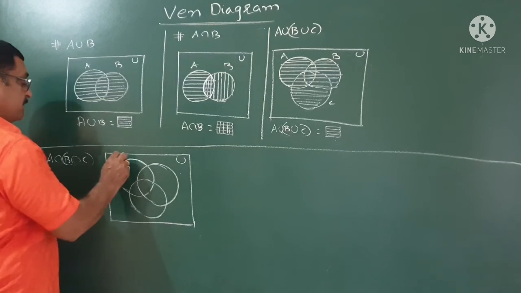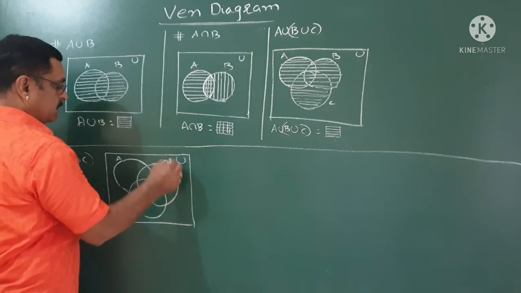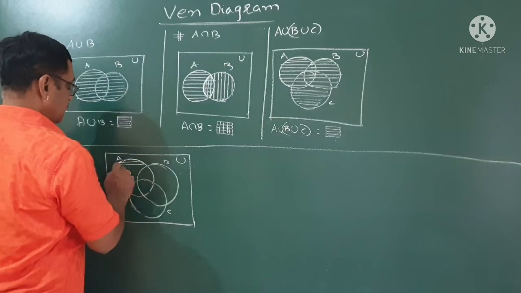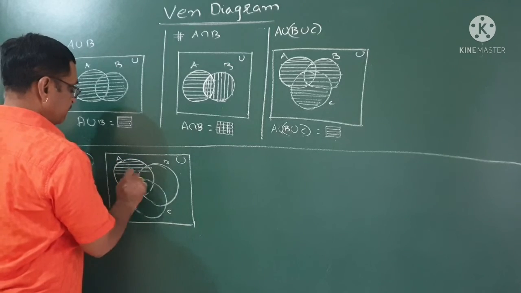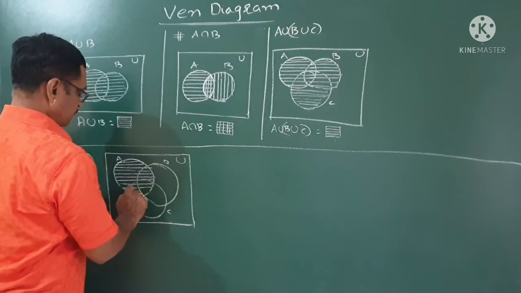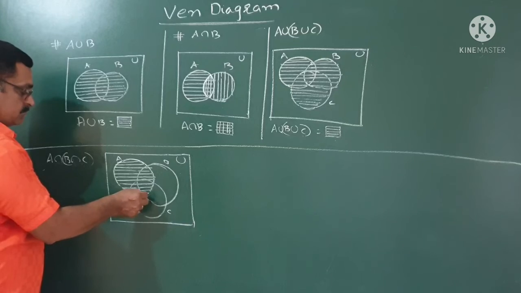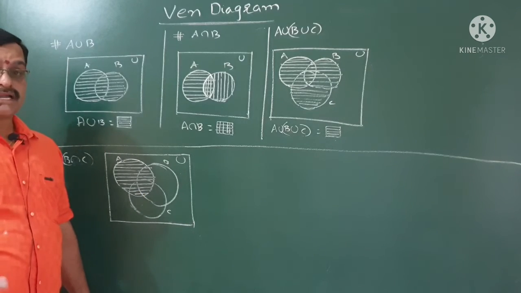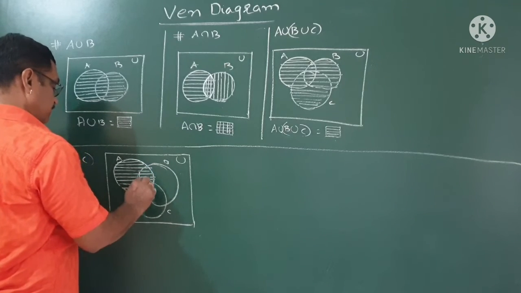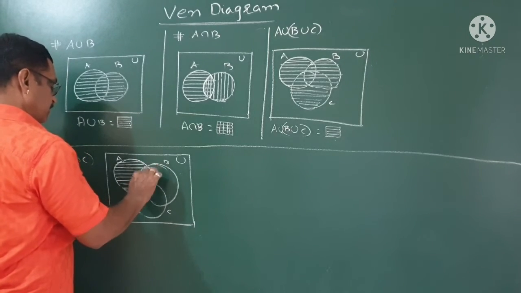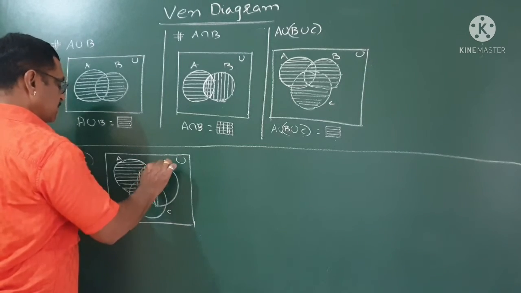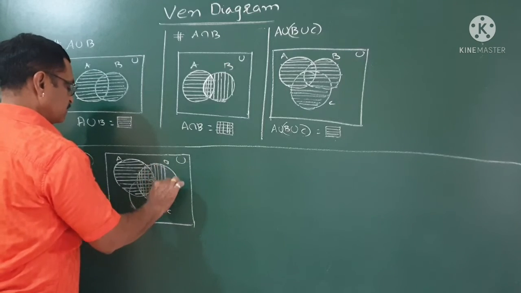Now I want to fill A with horizontal lines. So I am shading A with horizontal lines. Next, choose any contrasting lines for B. I go for vertical lines. So I am shading B with vertical lines.